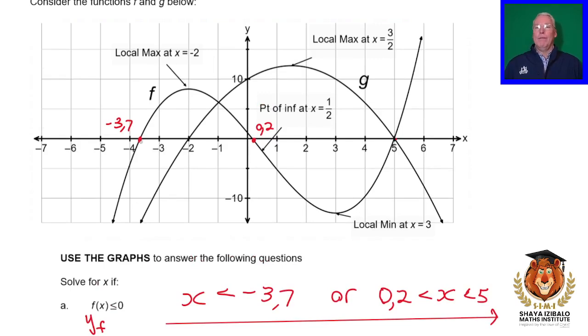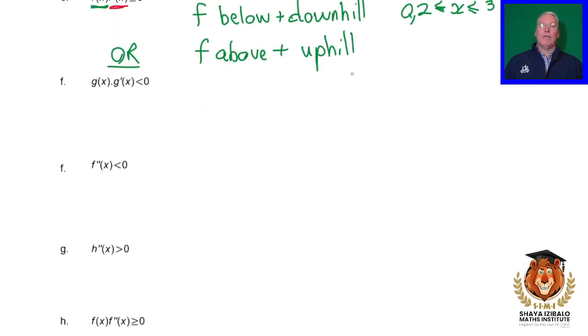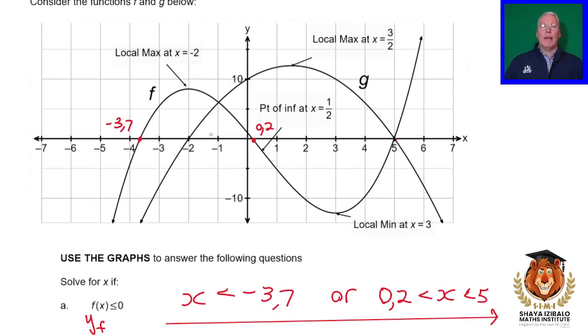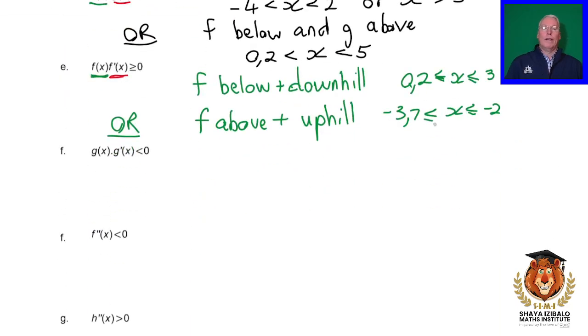F is above and going uphill between negative 3,7 and negative 2, or it's above and going uphill from 5 onwards, or x greater than or equal to 5.